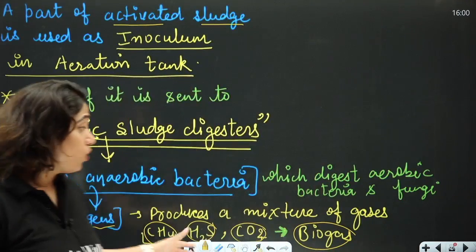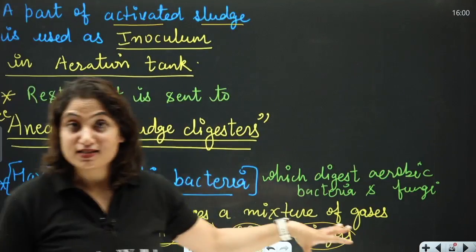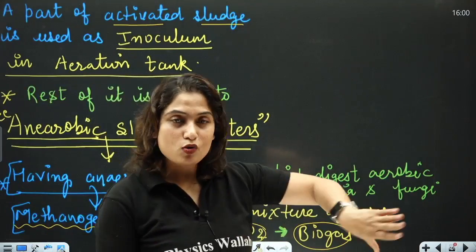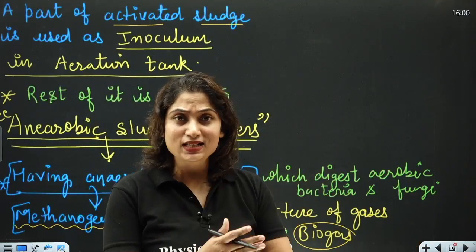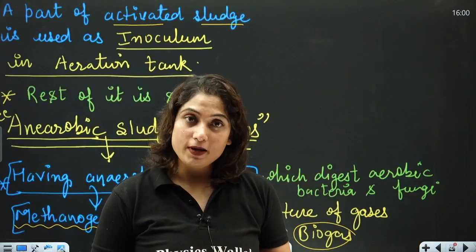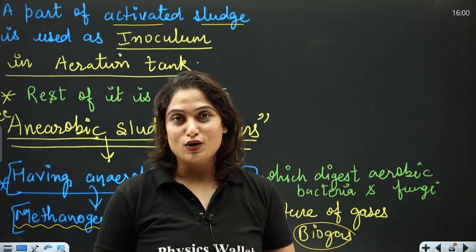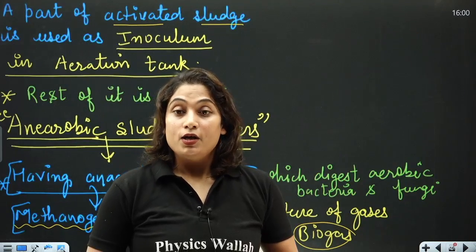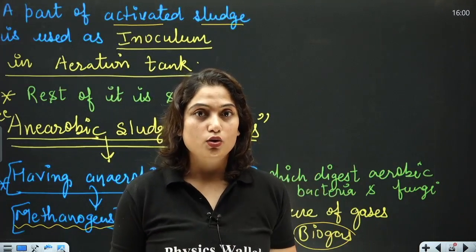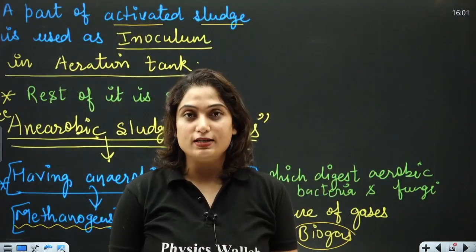What this anaerobic bacteria does is it feeds on the aerobic bacteria and the flocks of fungi, because we do not need that much aerobic bacteria and fungi.